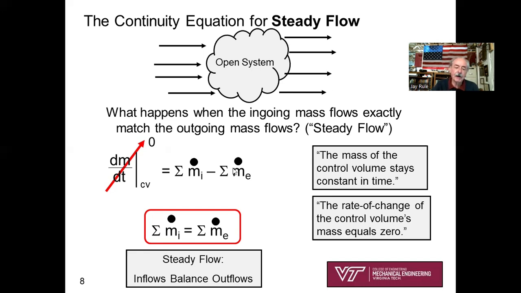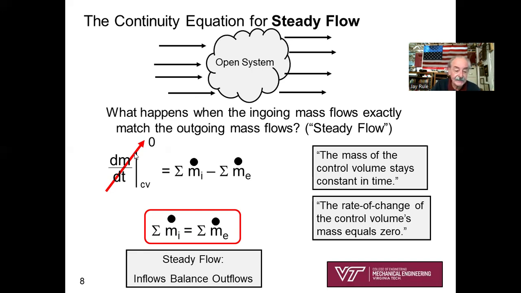So what happens to our general statement of continuity for an open system when we have steady flow? Well, if everything's flowing in steadily, kind of like our bucket, our barrel, if the inflows exactly match the outflows, the level of the bucket is staying constant, isn't it?